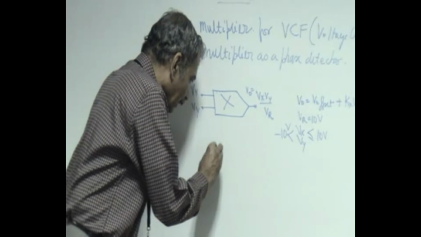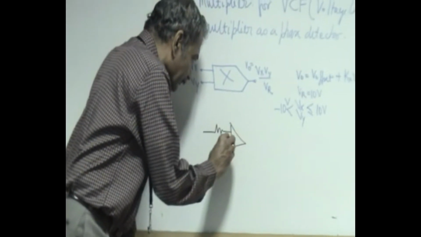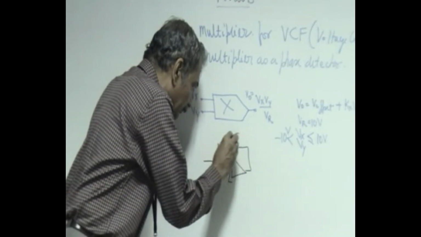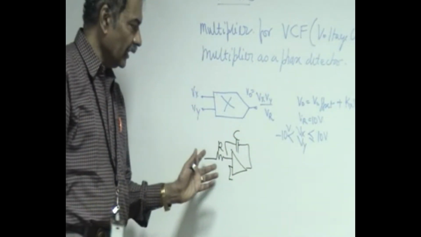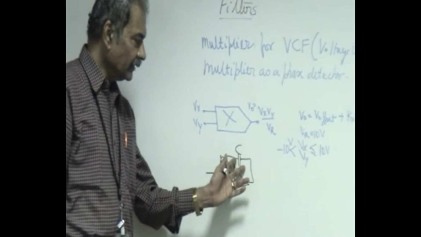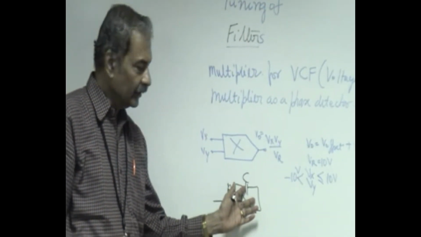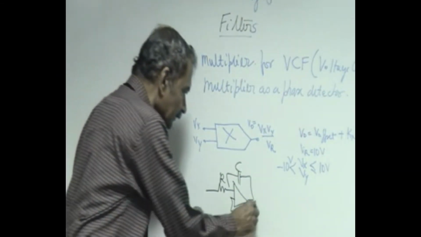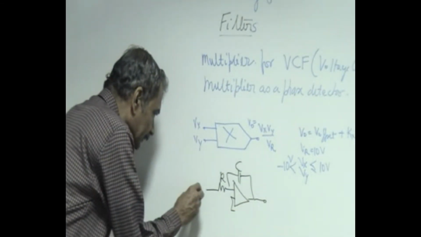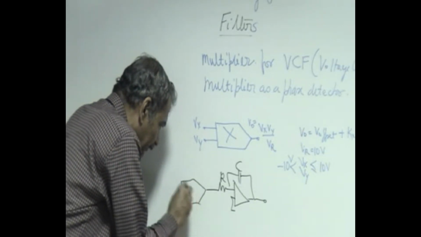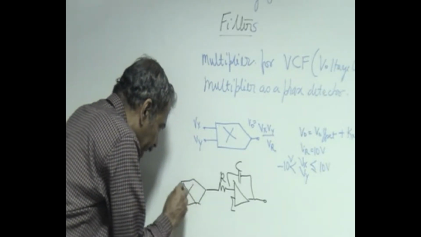Take the integrator of the previous section, which had a current of Vi by R going through the capacitor and producing a voltage of Vi by R into Sc, with a negative sign. That current is changed based on the multiplier output.